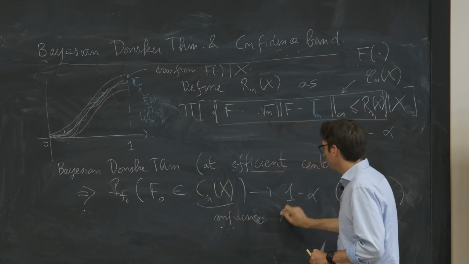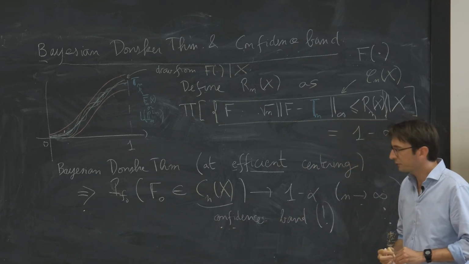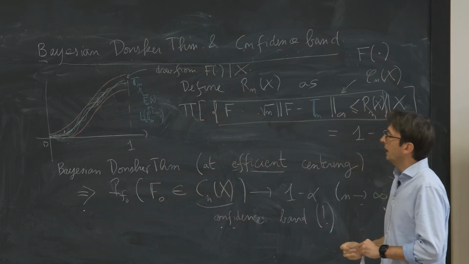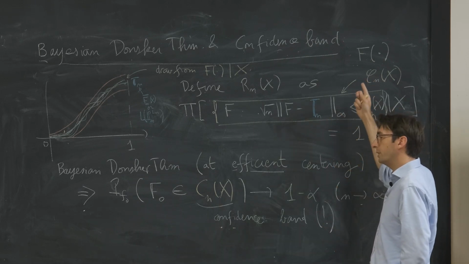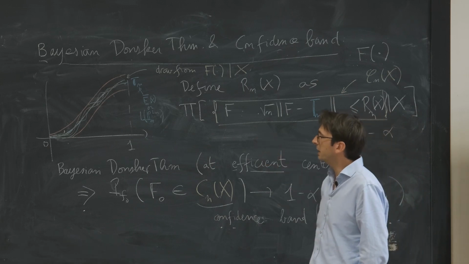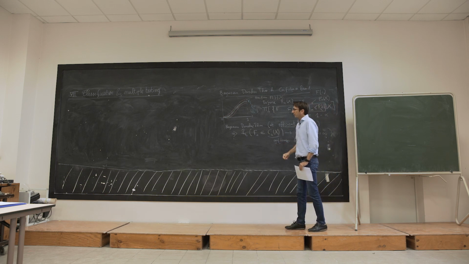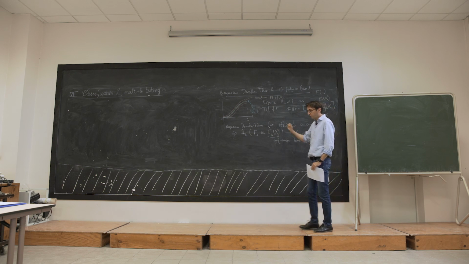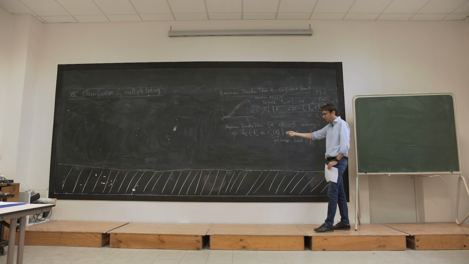I'll not give the proof here, but it's really the same as for the intervals, except that it's a bit more technical. You need to invoke that the distribution function of the Brownian bridge is continuous and strictly increasing. That's not very hard to prove. You also have to prove that, with convergence in distribution to the Brownian bridge, the distribution functions converge uniformly in the variable little t, from the empirical one to the limit one.